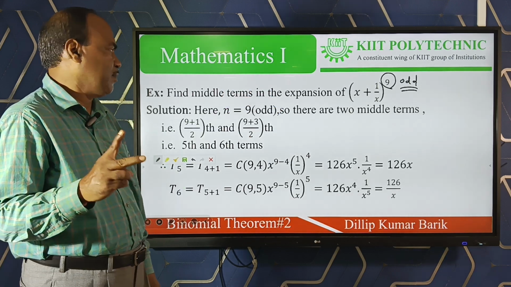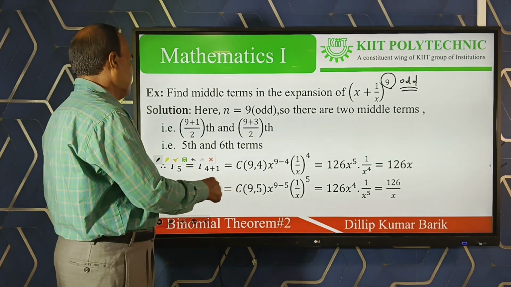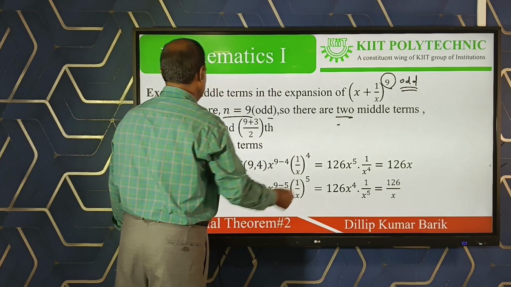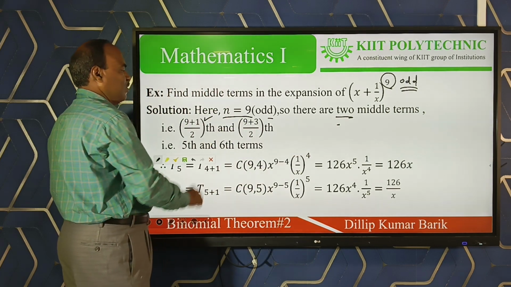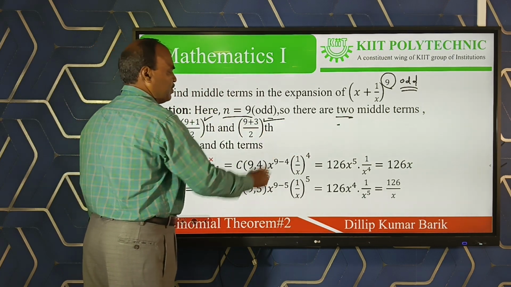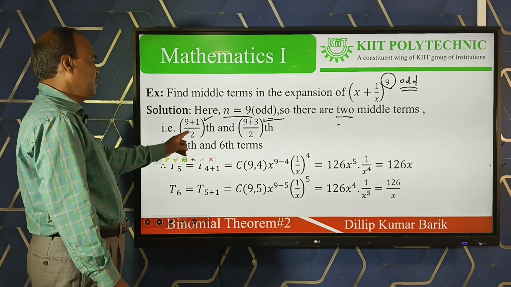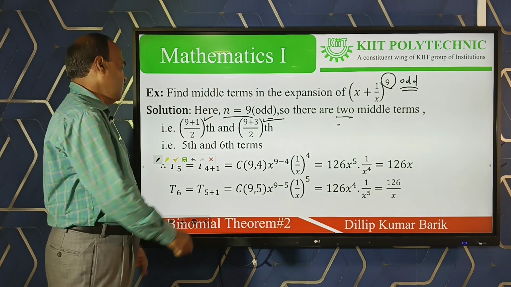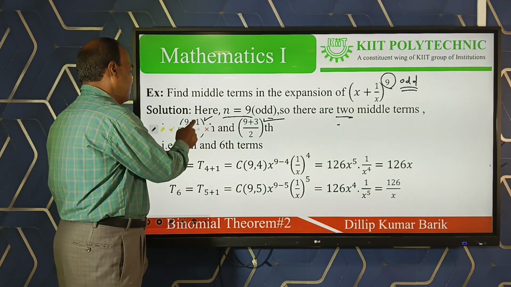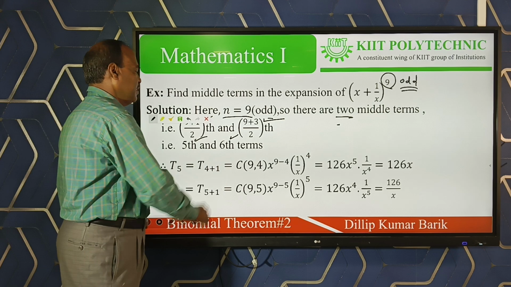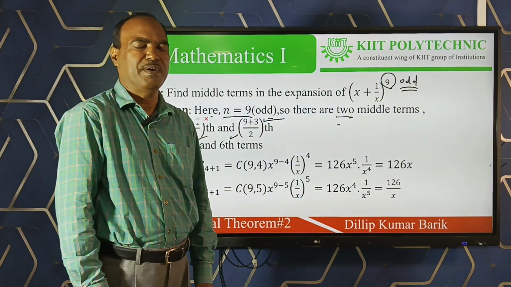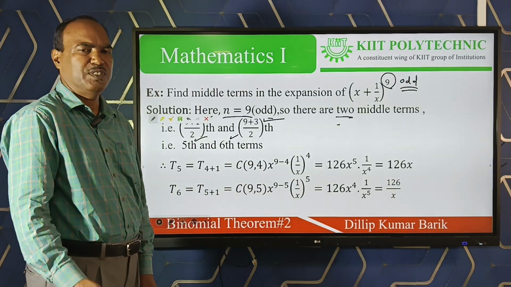Clearly there are two middle terms, which by the formula are (n + 1)/2 and (n + 3)/2, that is (9 + 1)/2 and (9 + 3)/2, which are nothing but the fifth term and the sixth term. So that means we have to find here T5 and T6, and using which one?